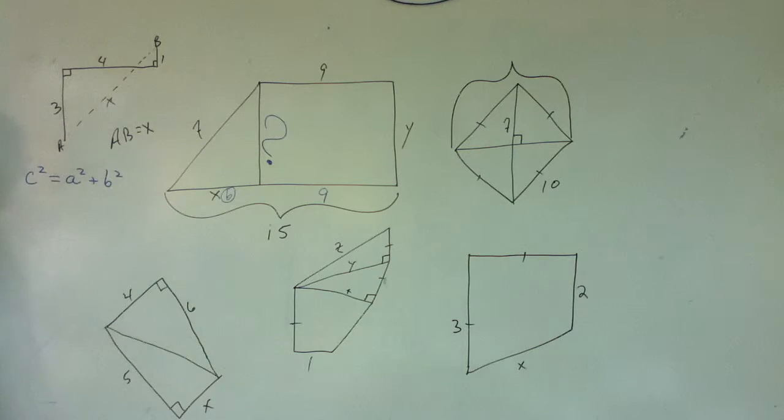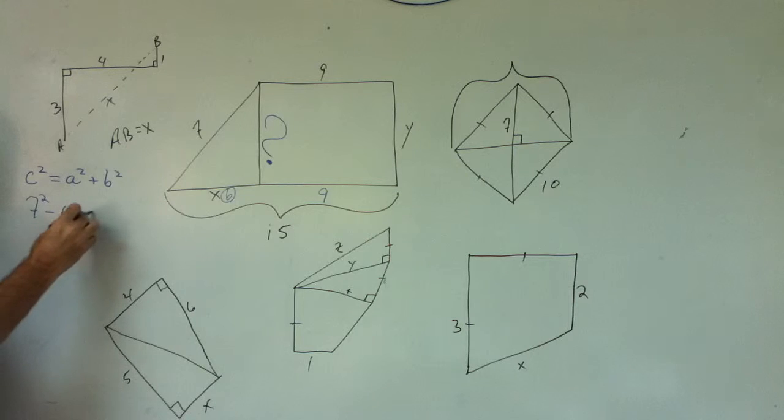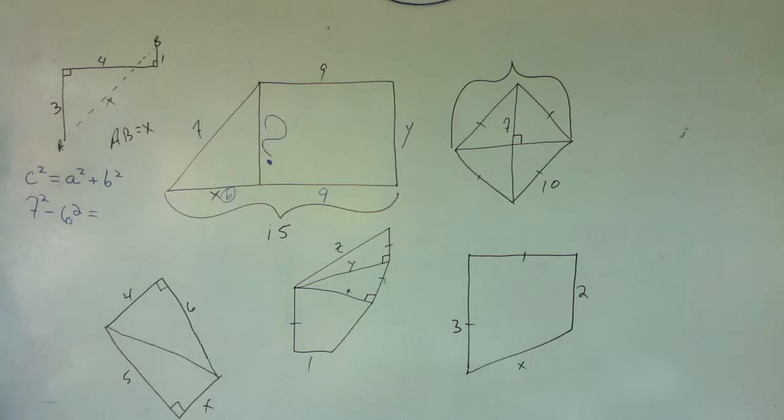So let's do that. It's going to be 7 squared minus 6 squared equals what?